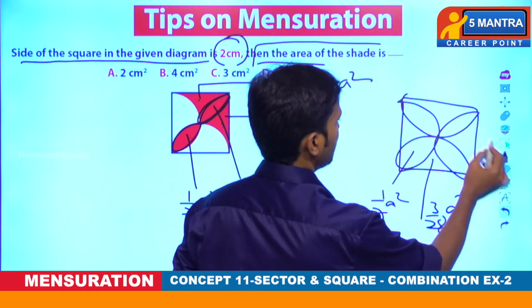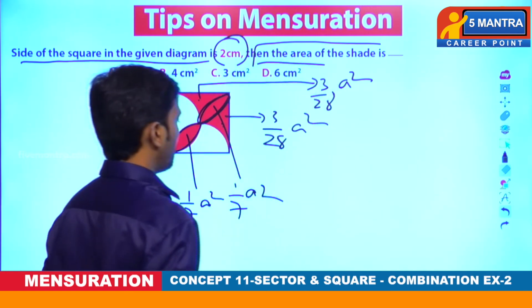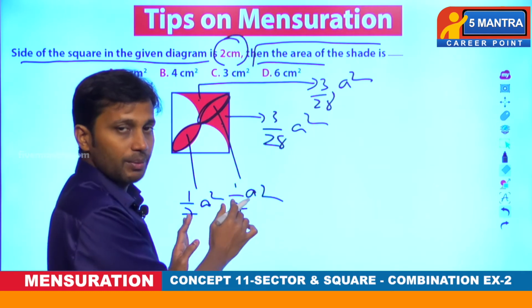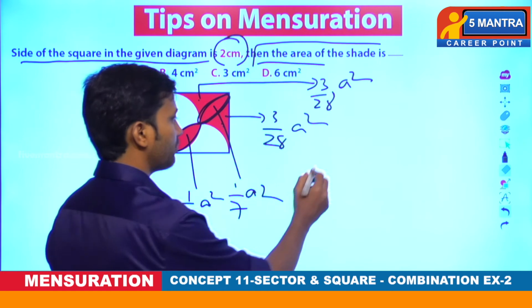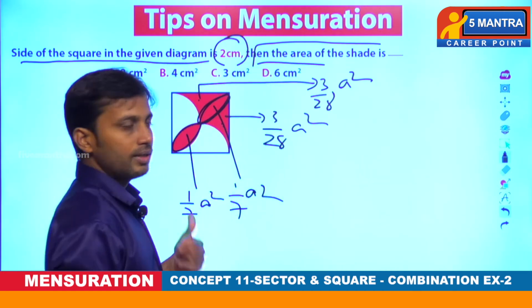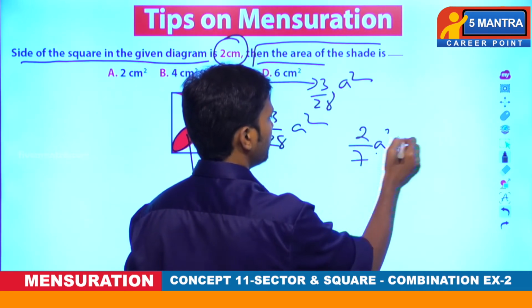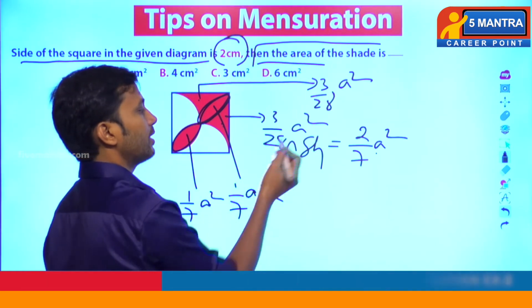Now according to that, if you do the answer, what is the resultant area? 1 by 7 a square will be 2 times, and here this came 2 times. So this would be 1 by 7 a square into 2, or not? So here 2 by 7 a square, that would be the area of the shade, right?